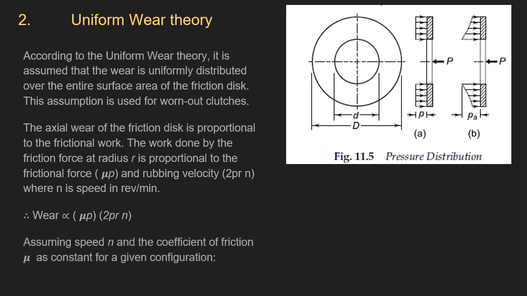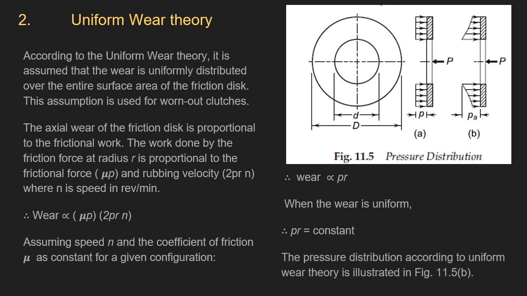Now assuming speed n and the coefficient of friction mu as constant, we can take them both outside, and we then obtain the formula where wear is proportional to P into R. Because mu and n are constant, wear can be assumed to be directly proportional to P into R. Now when the wear is uniform, PR is equal to a constant.